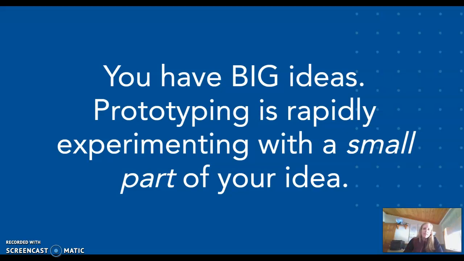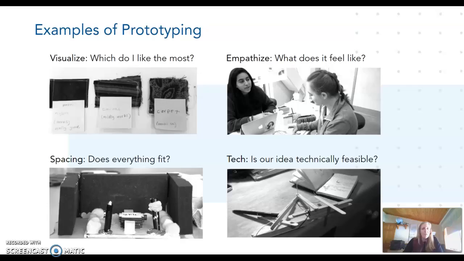You've got big ideas. I loved hearing about your ideas from last week. Now we're going to test small parts of those ideas. Some things you can do as you're prototyping your concept. Maybe it's visual. What pattern do you like most? What color? What styles?